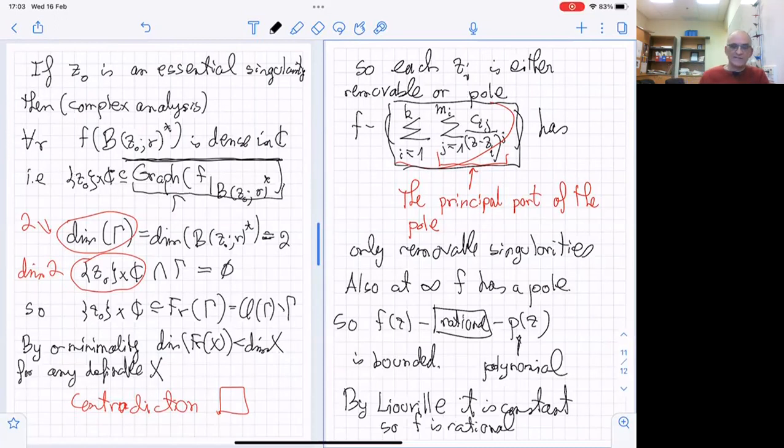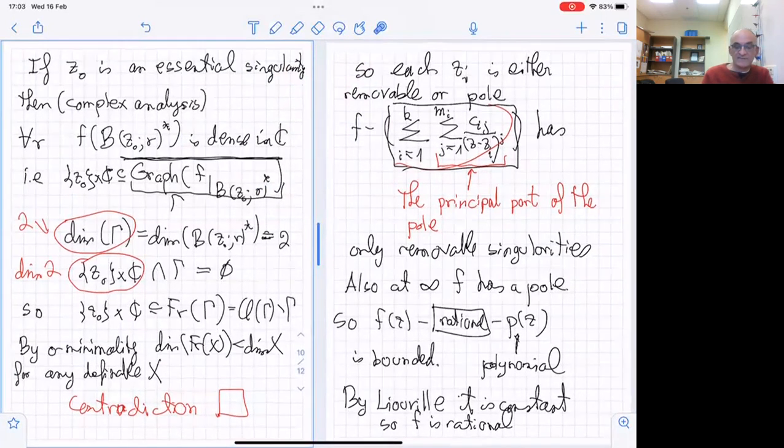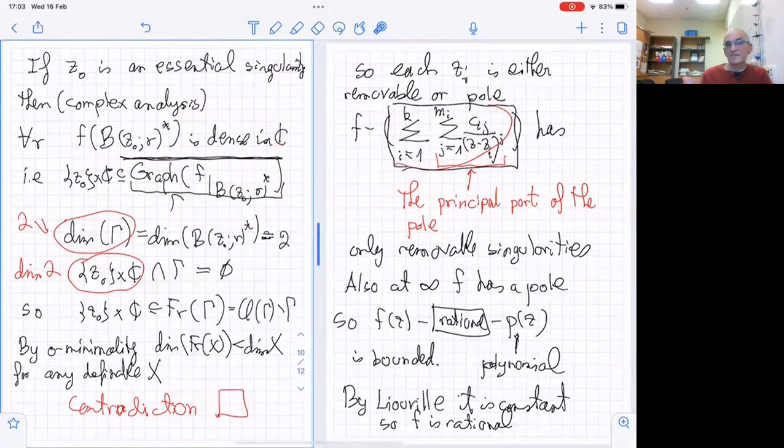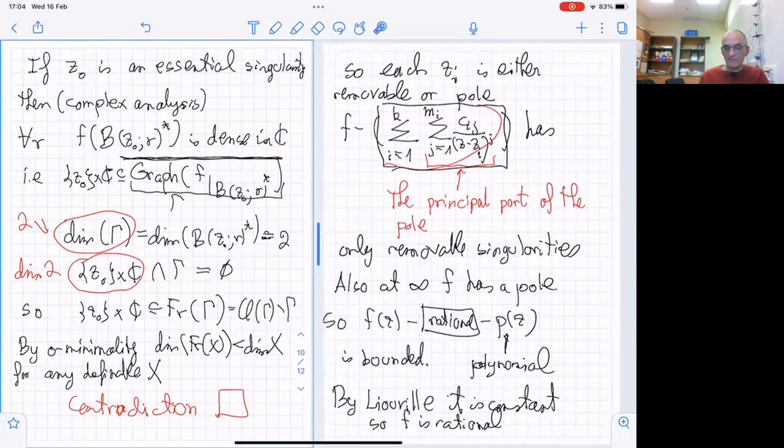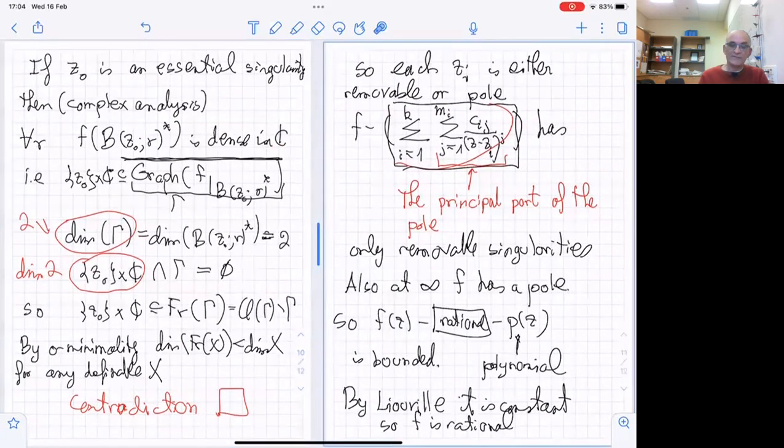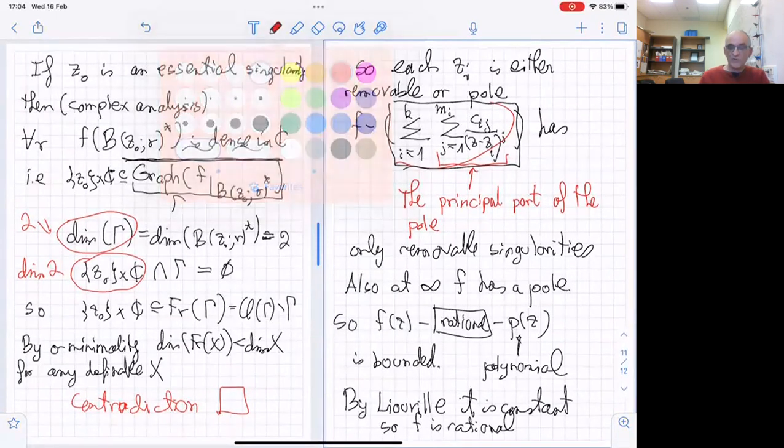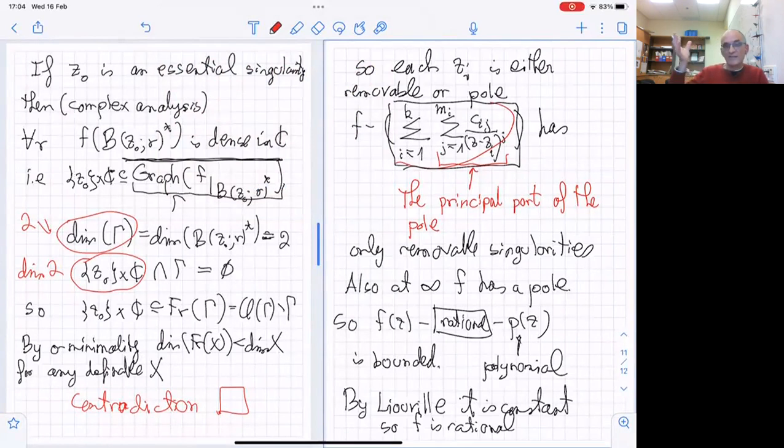At least we will need something like that, that this is dense in C. And this part we will have for free from o-minimality. But we also use something like Liouville's theorem. If we want to move to other settings, we need to prove results like that: if a definable function is holomorphic and bounded, then it is constant, whatever holomorphic means with respect to this new algebraically closed field.